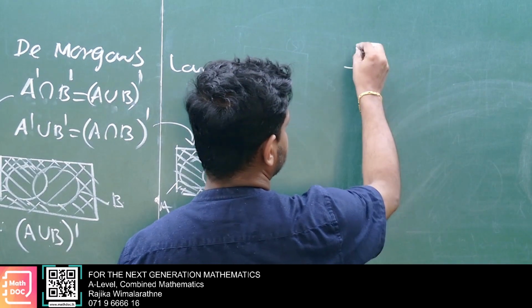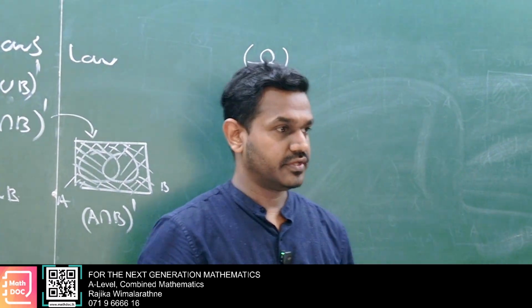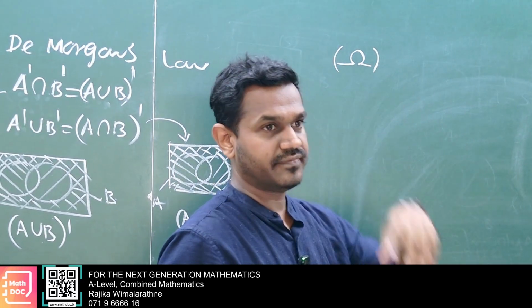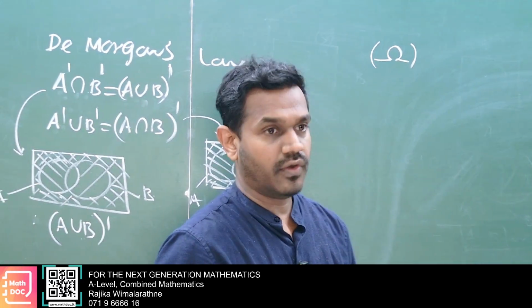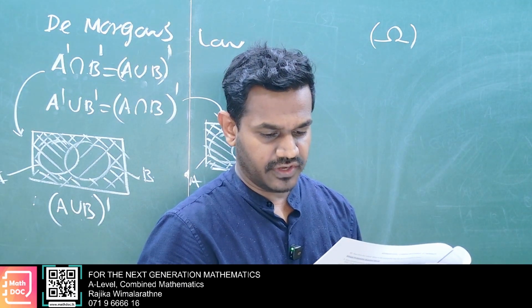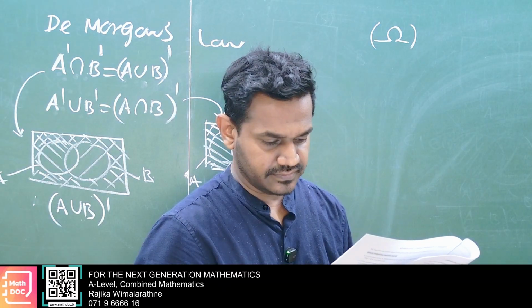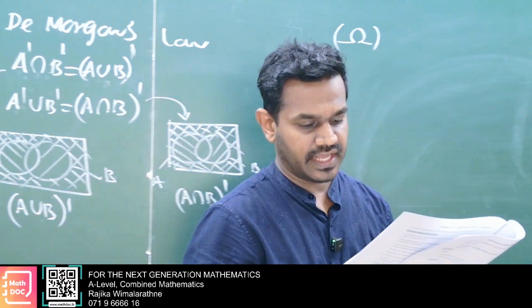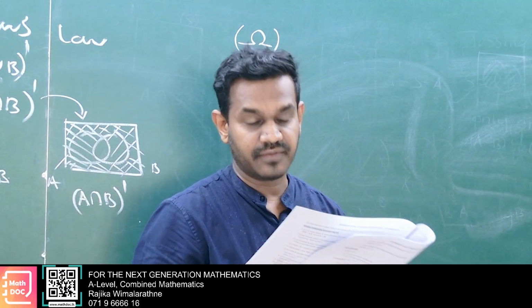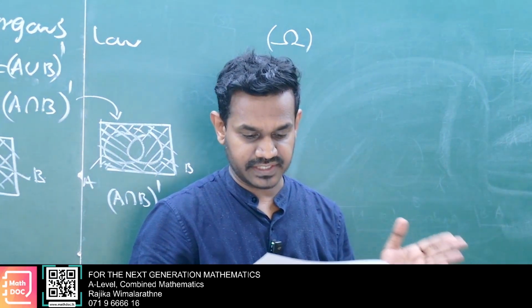You better write this notation as Omega. Then the set of all possible outcomes is the sample space. Event: any subset of a sample space is called an event.